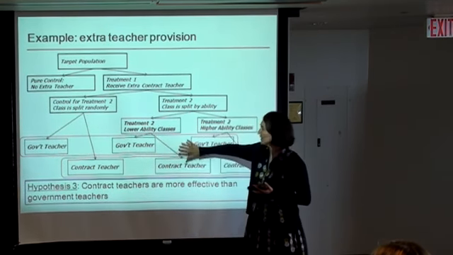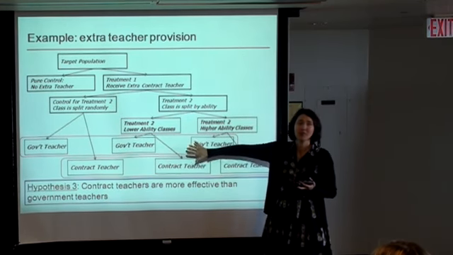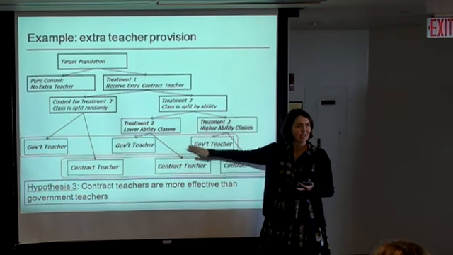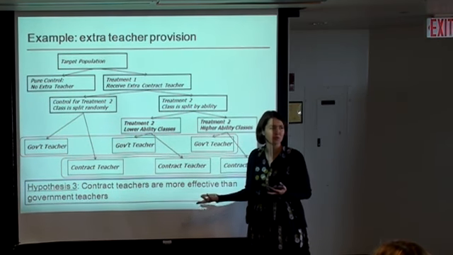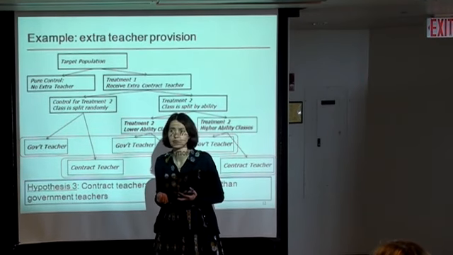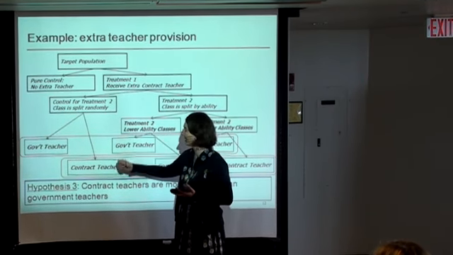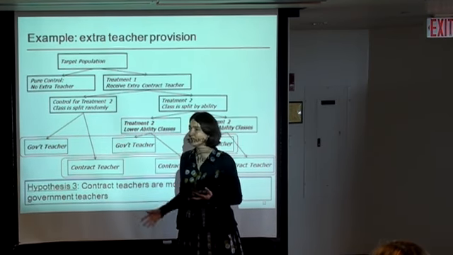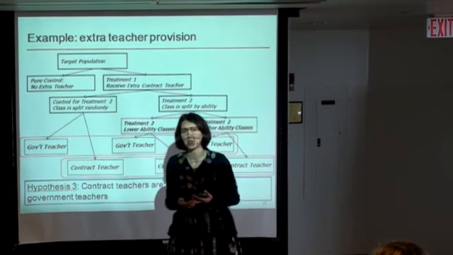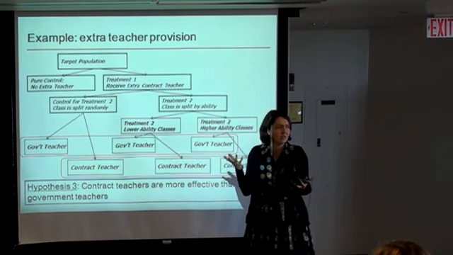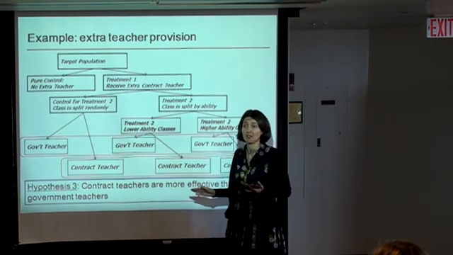So if in Kenya no schools streamed, then you're testing this in an environment where over half of your schools are doing something that Kenyan schools don't normally do. So you're still getting a valid effect of the difference between contract versus government teachers, but you're testing it in an environment which may be a bit different, because you're also doing other things.